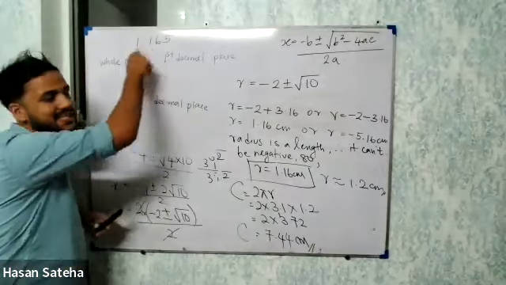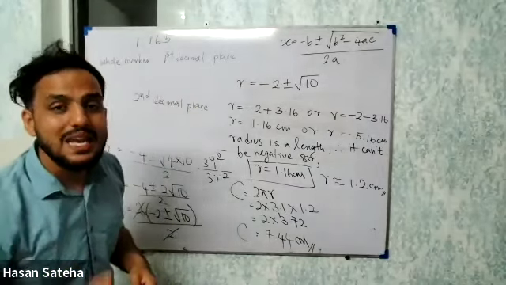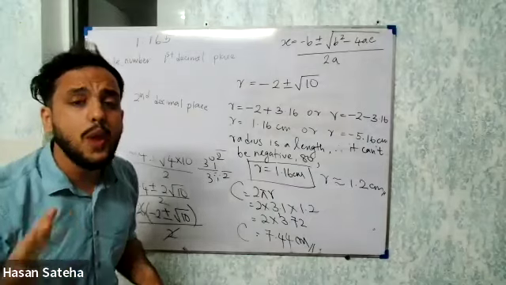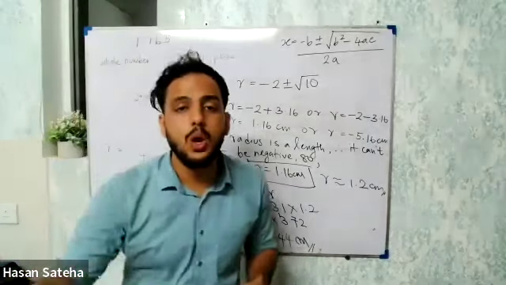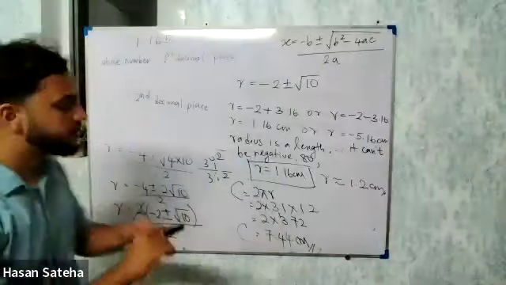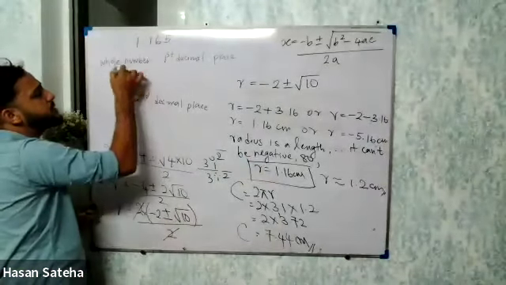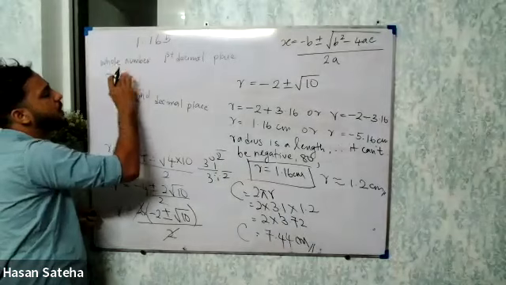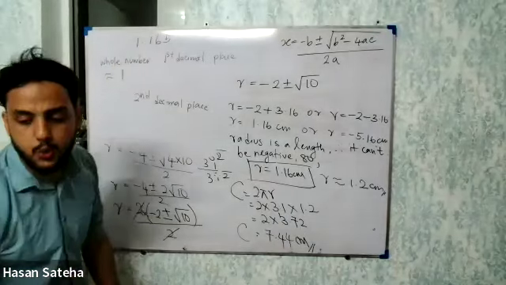Now here you can clearly see it is less than 5. Then when you round it off, the whole number won't change. After rounding it off, the value will be equal to 1.